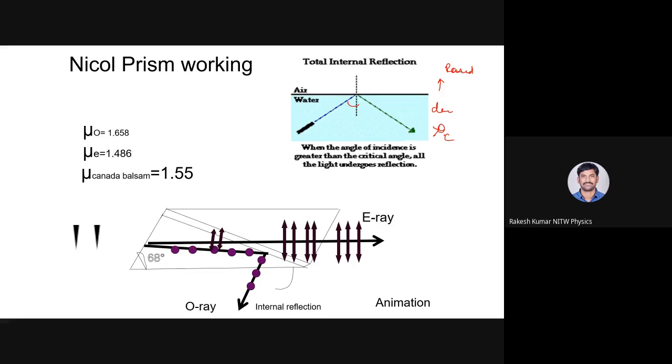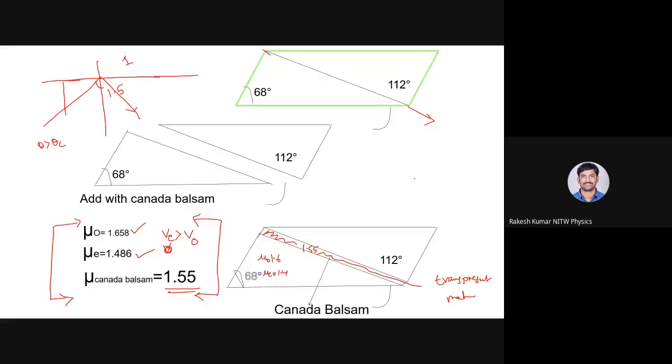The same concept we are going to use for our Nicol prism also. Now, if I pass my ordinary light through this and it splits into two refracted rays, let's say this is ordinary and this is extraordinary. Which ray will undergo total internal reflection? Which ray has the possibility? The ordinary ray, because it is traveling from a higher refractive index to a lower one, since its refractive index is 1.6 in this medium.